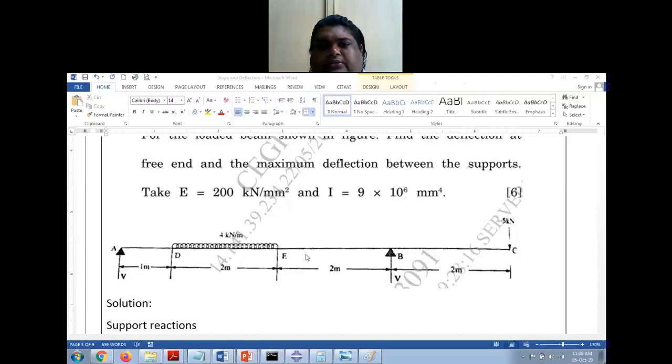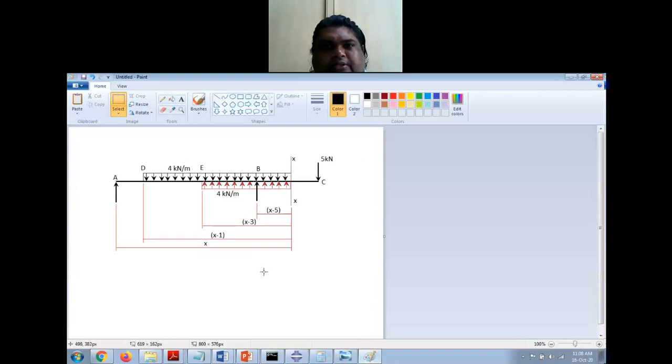So by doing this, we will be able to solve this. So I just made this diagram. So this is section XX. So I have extended this UDL, which is 4 kilonewton per meter, till this section XX, and I have also applied another UDL which is acting below the beam in upward direction, and the intensity is again 4 kilonewton per meter, right?